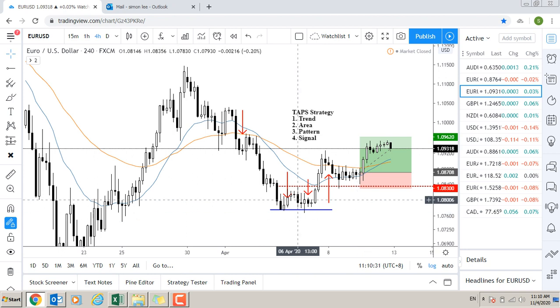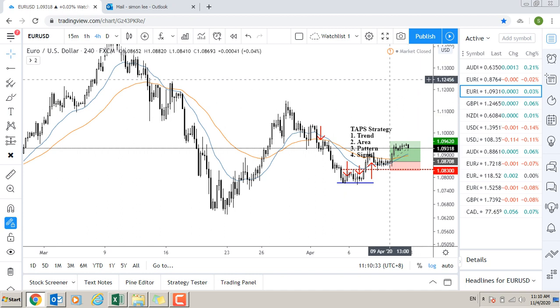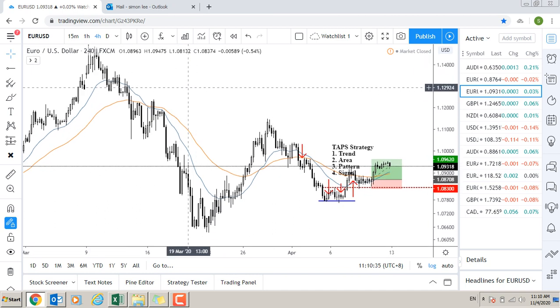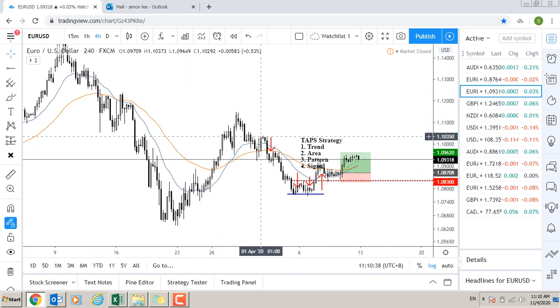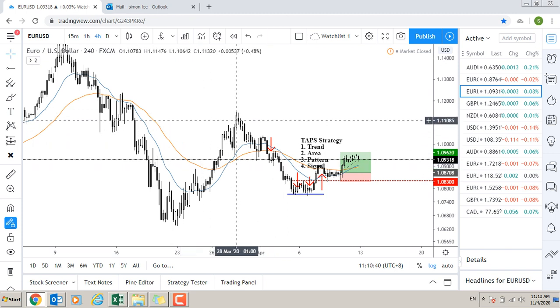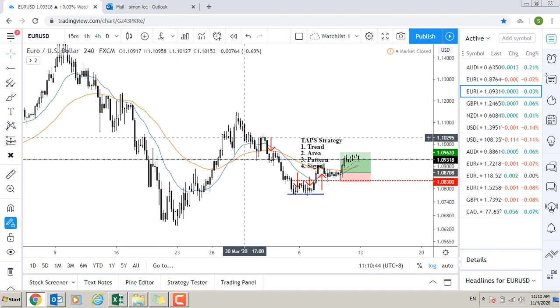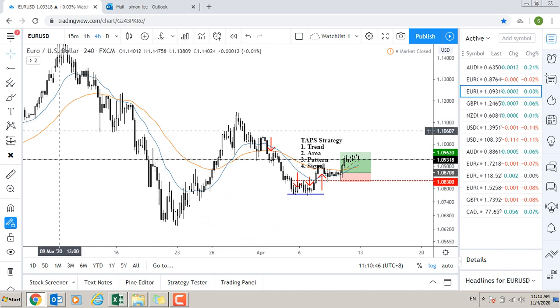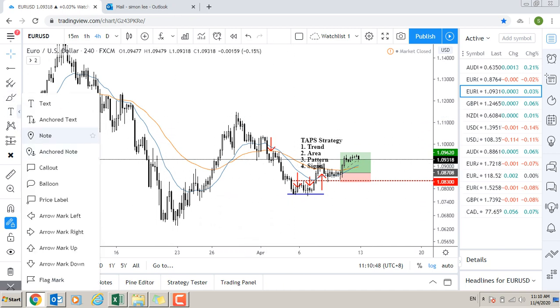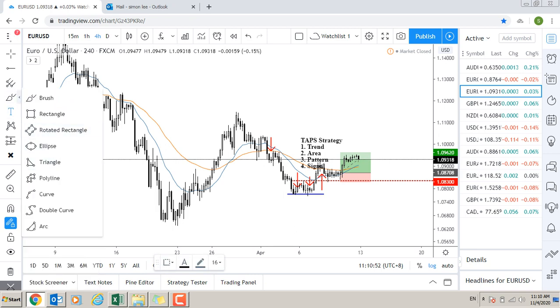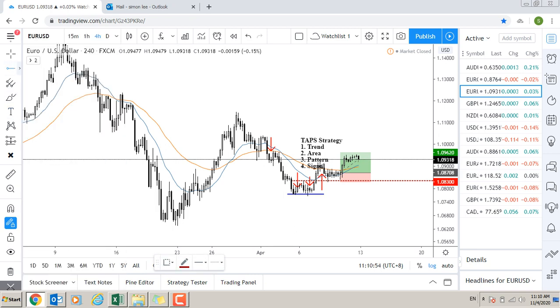So for example, for this euro dollar pair, in the past the trend is actually on the downside. We can see from this point to this point it is on the downside. Let me add this arrow for you to take a look.